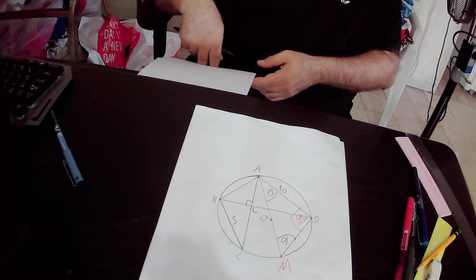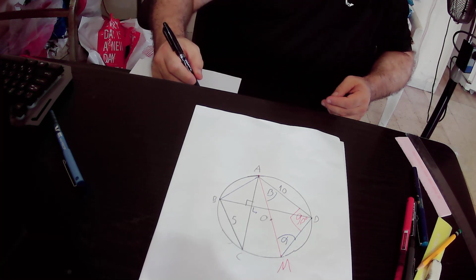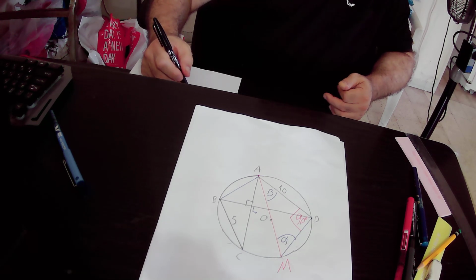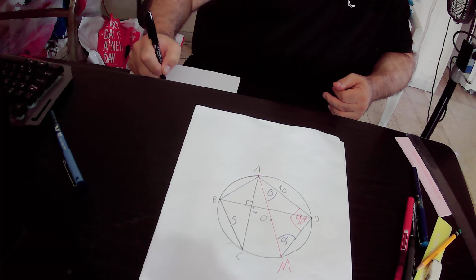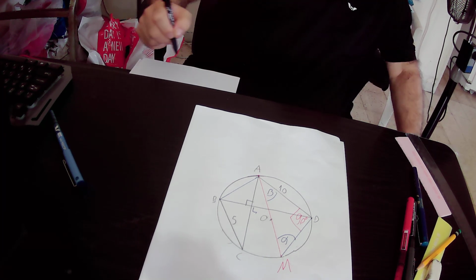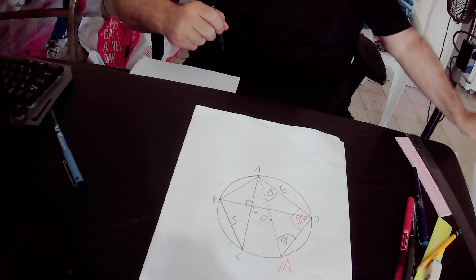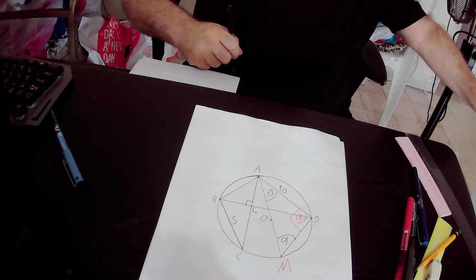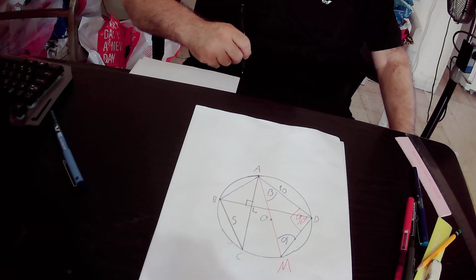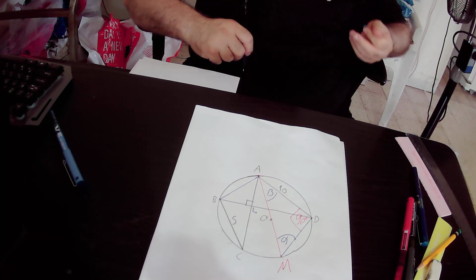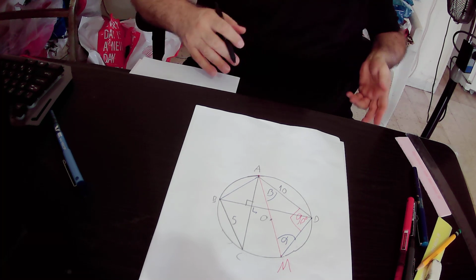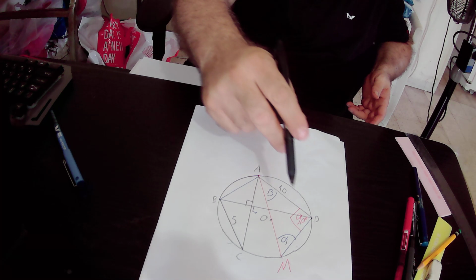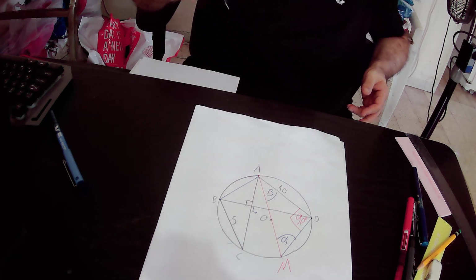So according to rule number 2, that peripheral angles that rest on the same chord are equal to each other, those two angles, angle alpha and angle ABD, are equal to each other.